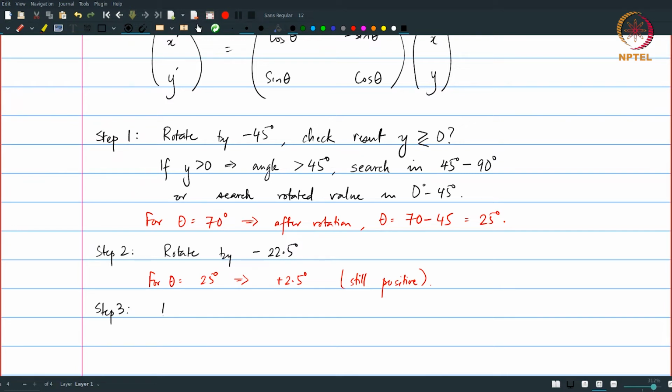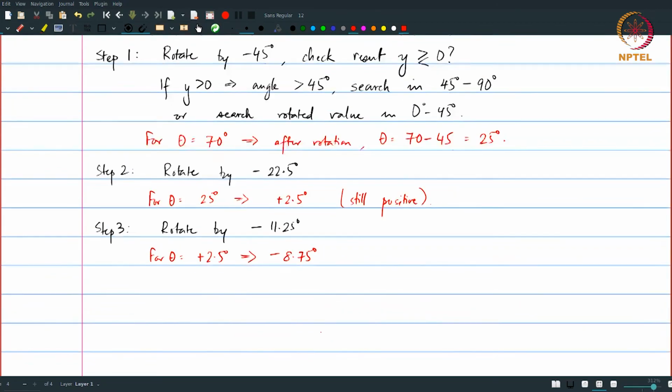Step 3, rotate by minus 11.25 degrees. Why 11.25? Half of 22.5. The result in this case, for theta equal to plus 2.5 degrees, once I rotate by 11.25, I would get minus 8.75 degrees.